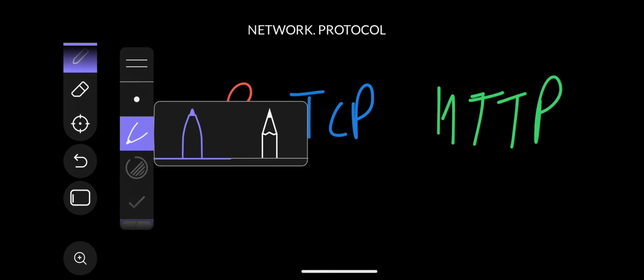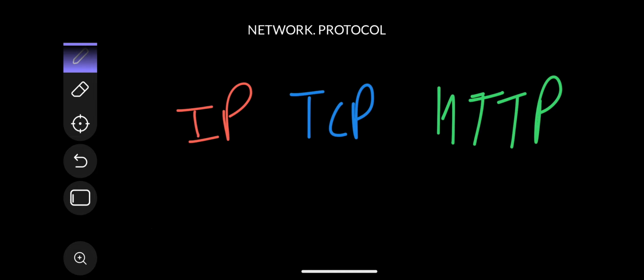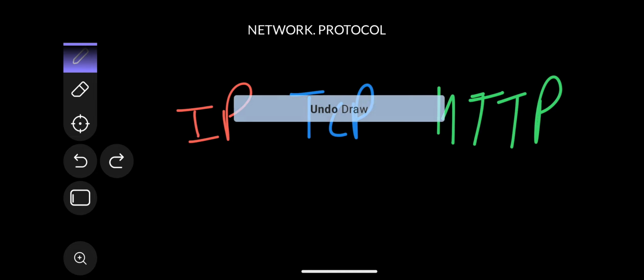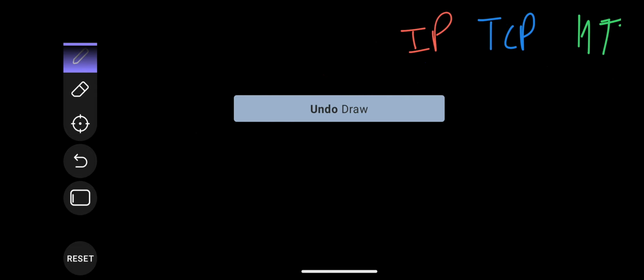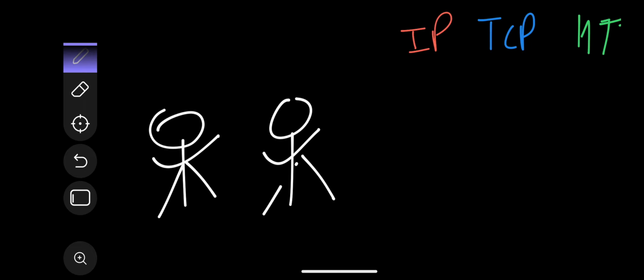So we'll start with a real life example of why things like TCP, IP, and HTTP are important. Let's take an example of a person named Alice and a person named Bob. Imagine two people meeting for the first time. Alice and Bob don't know each other's language, customs, or communication style.